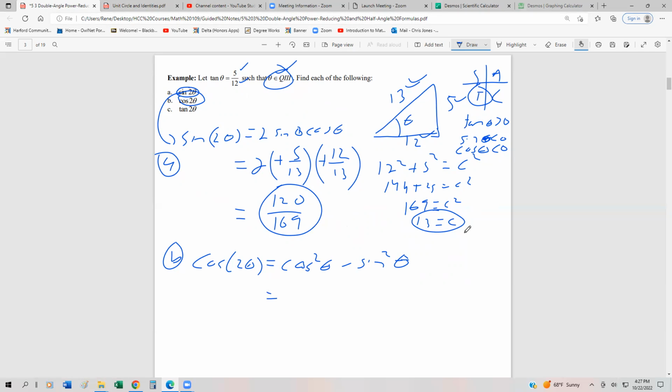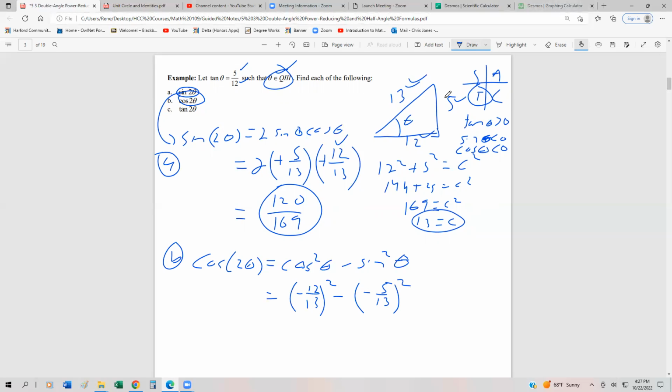Cosine is negative 12/13, again because it's in quadrant 3, and we're going to square that.